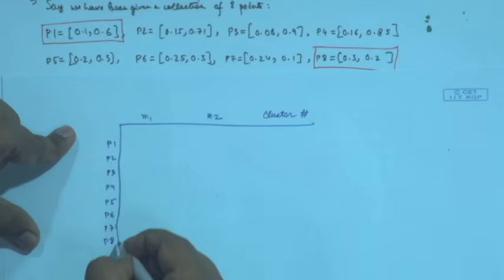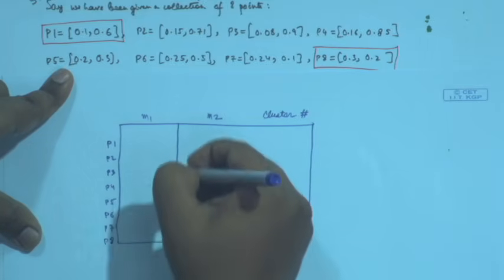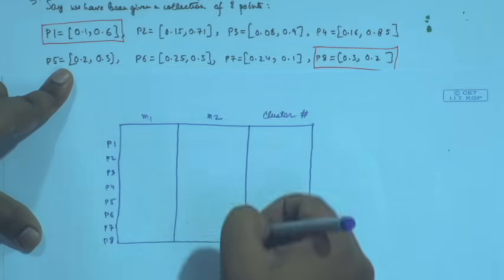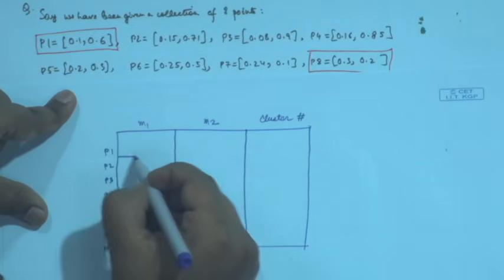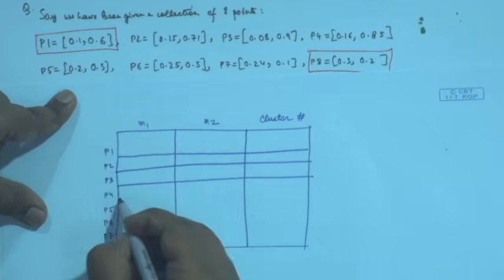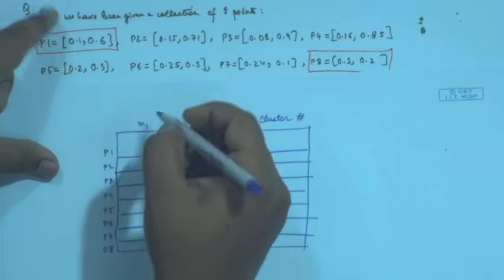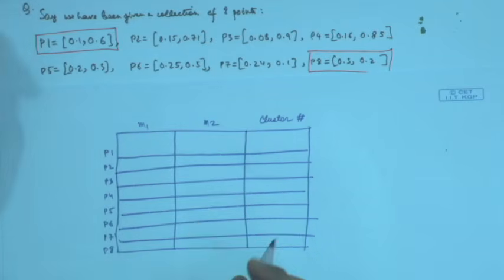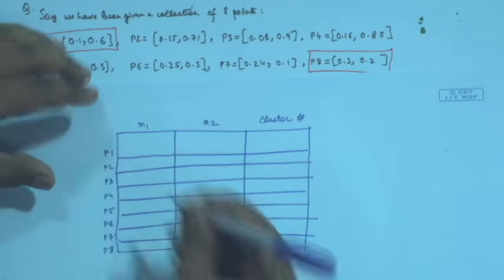Okay. Let's calculate the distance of each point from each of the two initial centroids, which are M1 and M2. Okay. I have pre-computed the values.